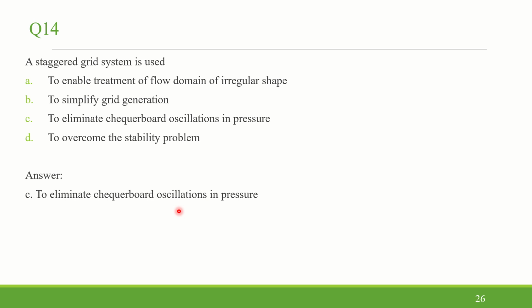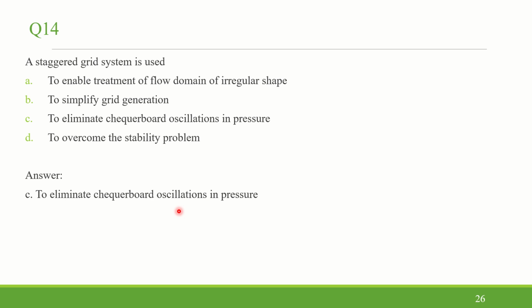In a collocated grid, all variables are at the same locations, but in a staggered grid, pressure is mostly at the cell centers and velocity at the centers of the cell faces or edges to which they are normal.